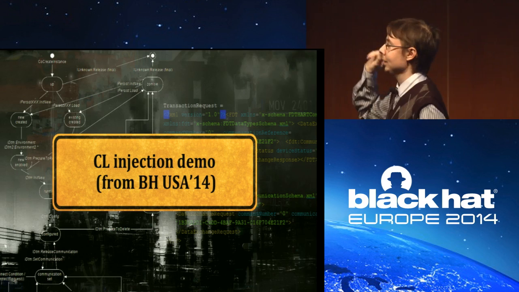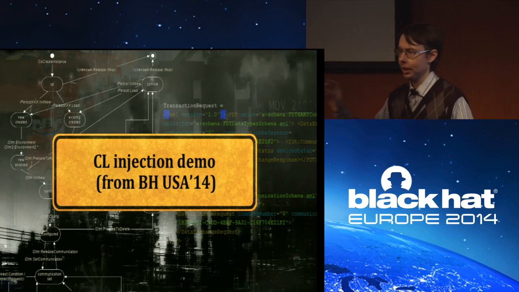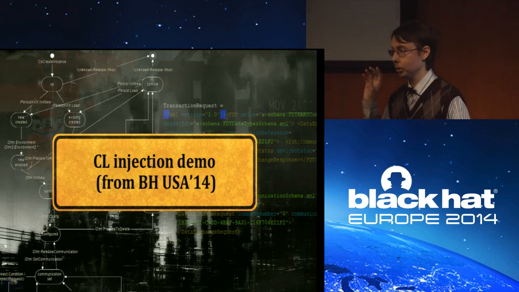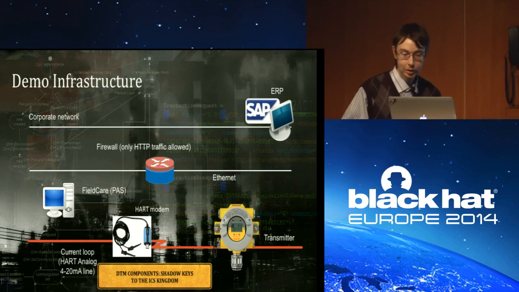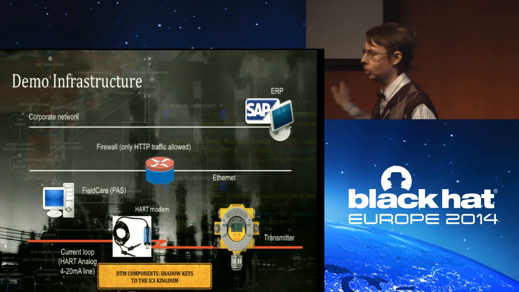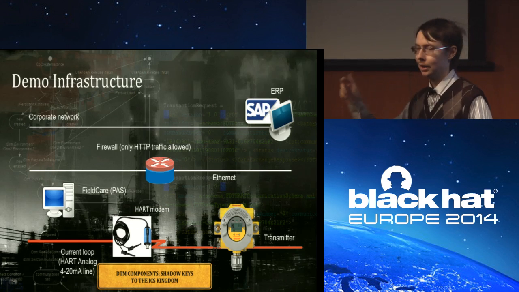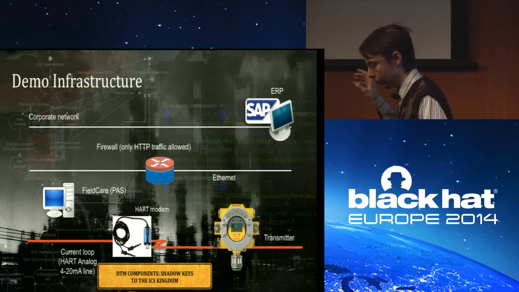This demo demonstrates how easily you could inject into the current loop line what you want. This is an attack on FDT infrastructure, of course, but it's an attack on the FDT frame. The rest of the talk will be about attacking DTM components, not the FDT frame itself. But this is an attack on the FDT frame.